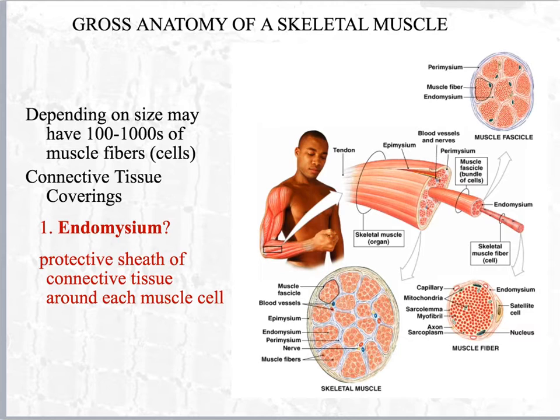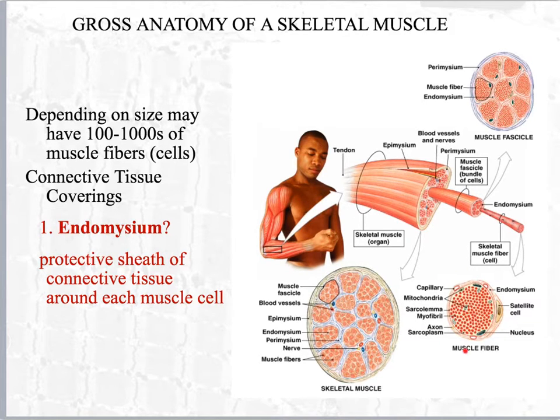Depending on the size of the muscle, there may be between 100 to 1,000 different muscle fibers making up one particular muscle. And they are all encased in various membranes to help keep them together and working in a coordinated fashion.